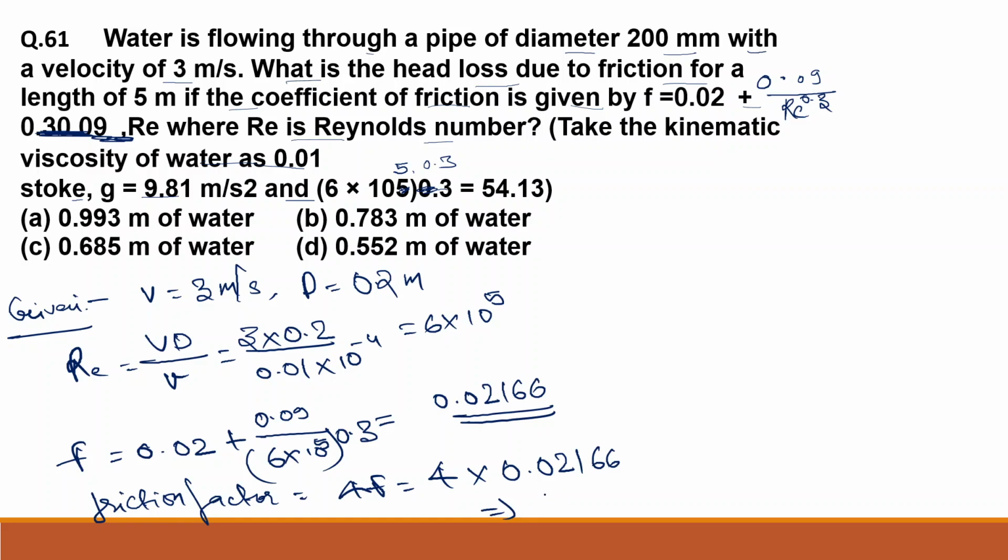Just wait a moment, I will try to calculate this value. 4 into 0.02166 is equal to 0.08664. After that we will find out the head loss.